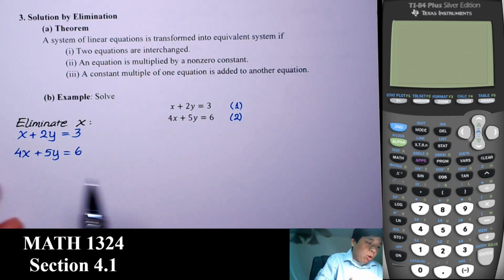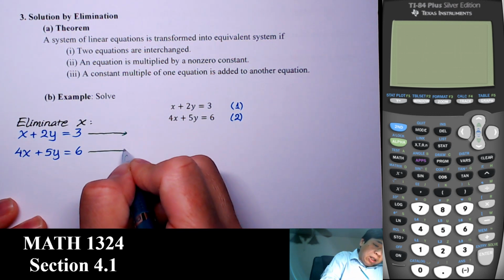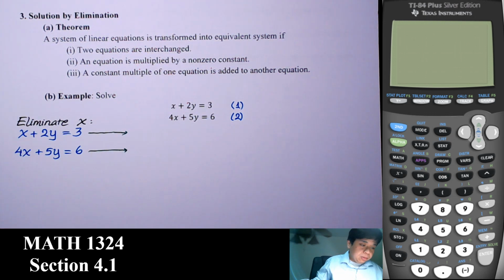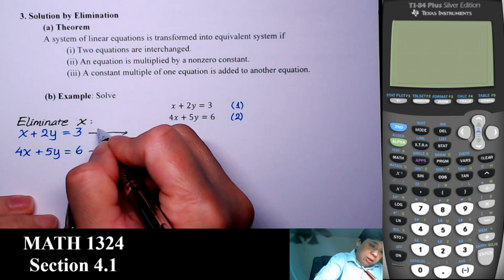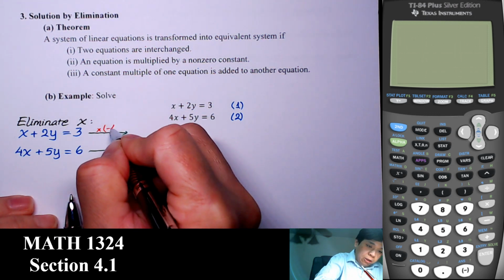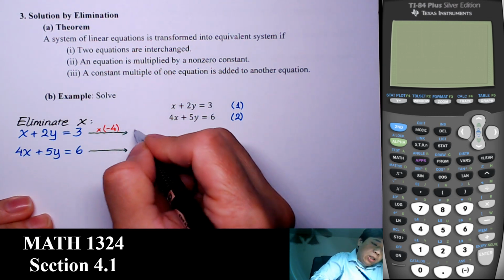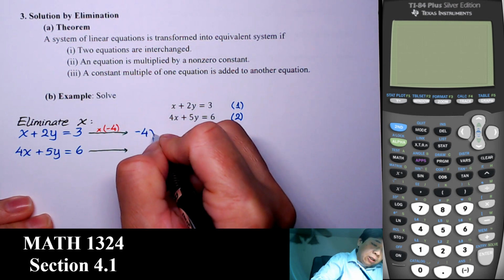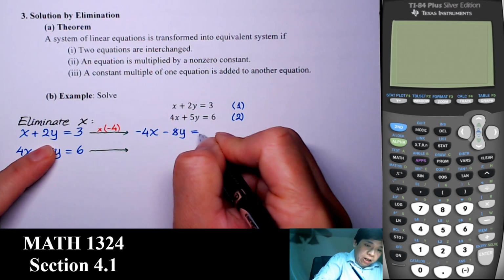So we try to get the coefficients to cancel. The way we do this is we multiply the top equation by something and the second equation by something. So if we multiply everything by negative 4, we have negative 4x, negative 8y, and negative 12.